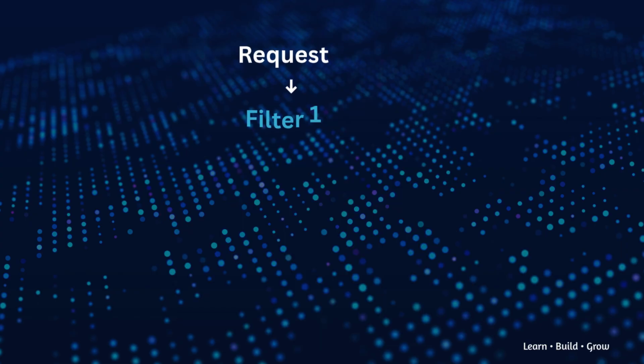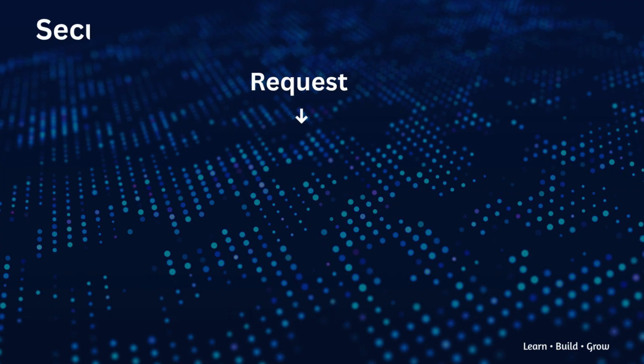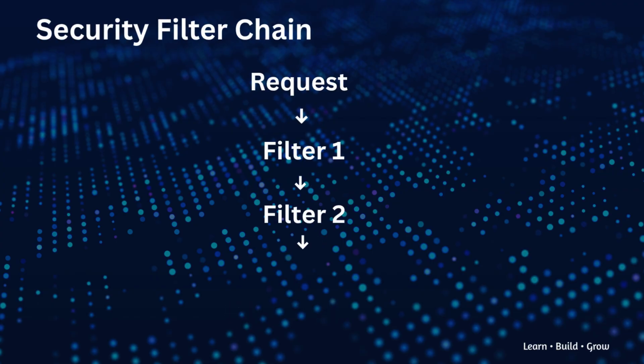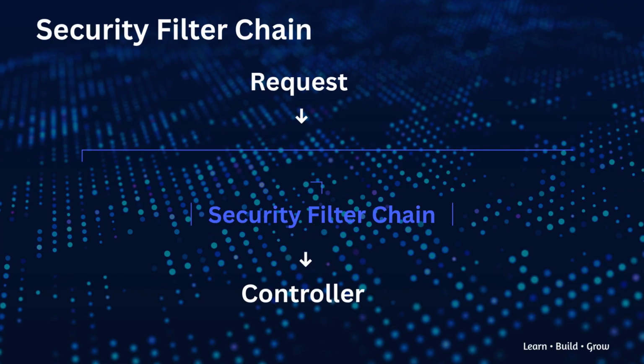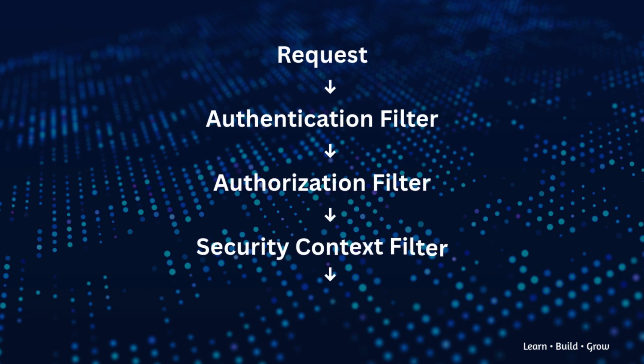But Spring Security doesn't use just one filter. It uses multiple filters working together. This collection of filters is called the security filter chain. Every request must travel through this chain before it reaches your controller.